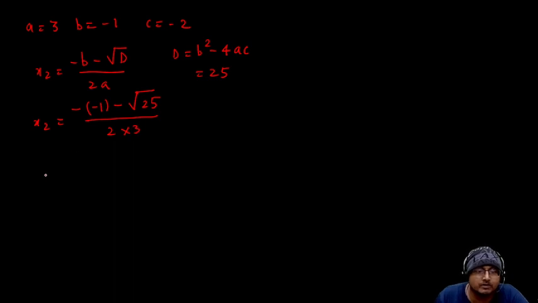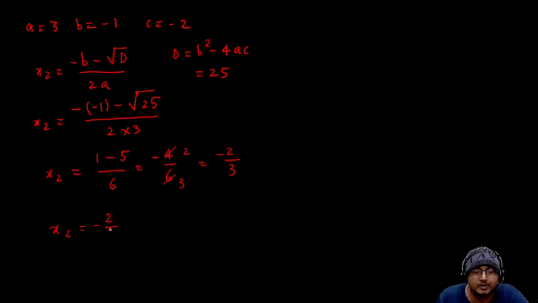So we will get x2 is equal to minus of minus 1 minus root 25, which is 5, divided by 6. So you will get 1 minus 5, which is minus 4, divided by 6. 2 2s are 2, 2 3s are 6, so it is equal to minus 2 by 3. So x2 is equal to minus 2 by 3.